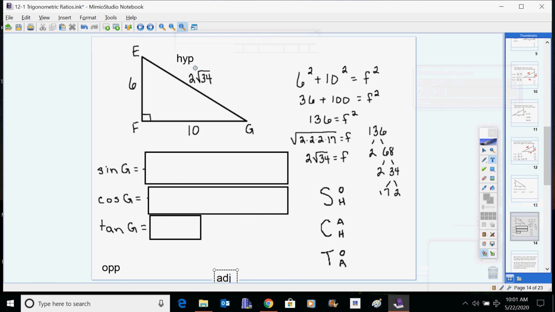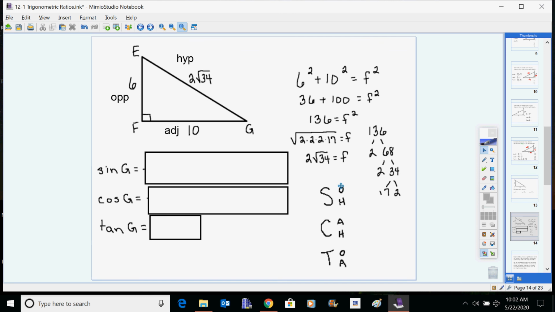Okay, so our hypotenuse is right here. These are not the keywords, by the way. It just wasn't letting me write. So across from the G is the opposite side. And this one over here that's left over has to be the adjacent. The adjacent side means next to, next to the hypotenuse, making the angle.